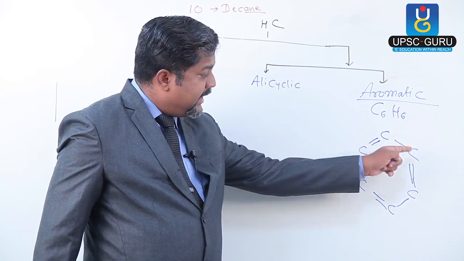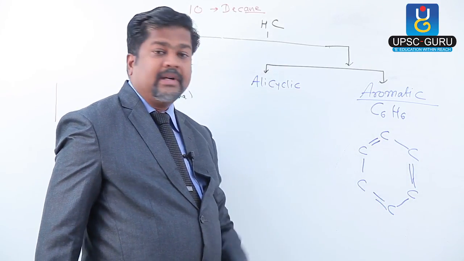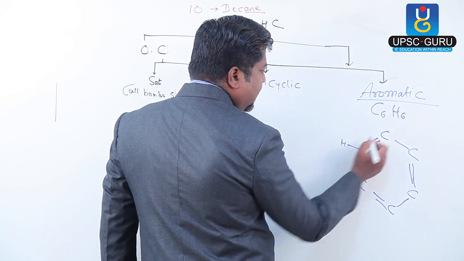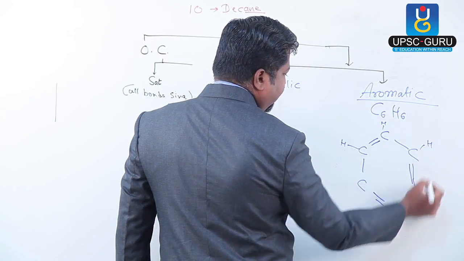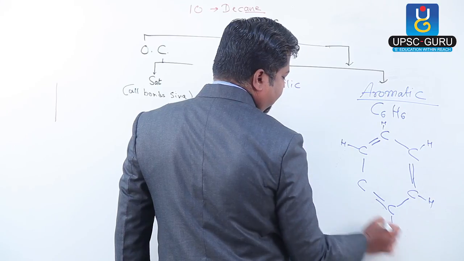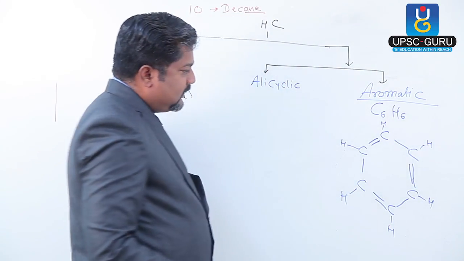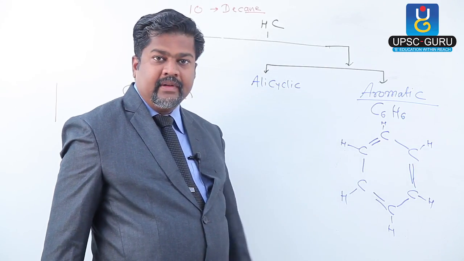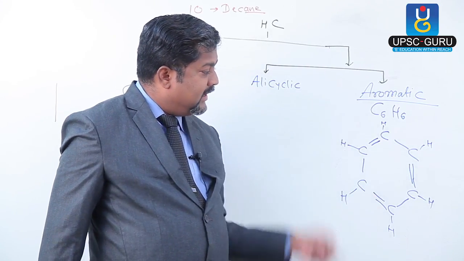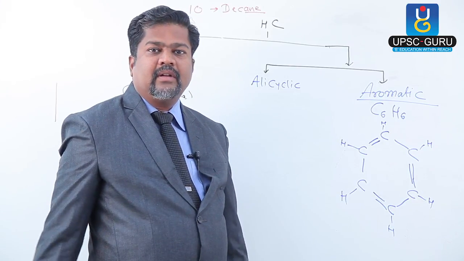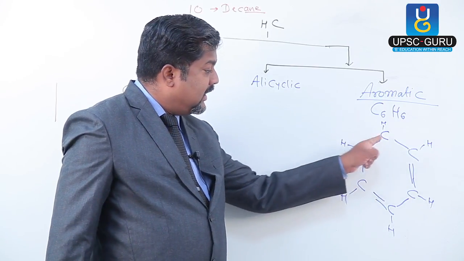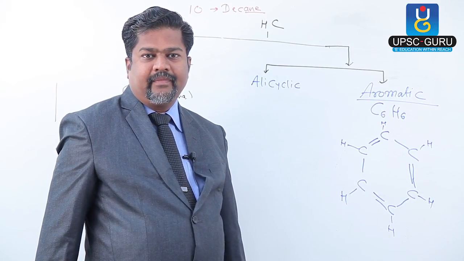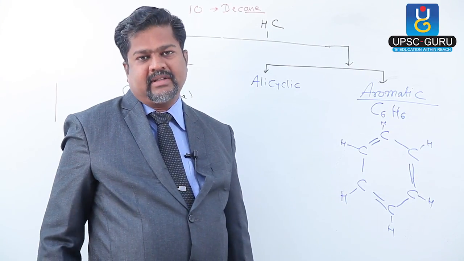Now observe every carbon: every carbon has 3 bonds, and the fourth bond it gives with hydrogen. So in this type of structure, we got 4 bonds for every carbon, and hydrogen is monovalent. Then the question is, as 3 alternate double bonds are there, why is it not showing unsaturation?